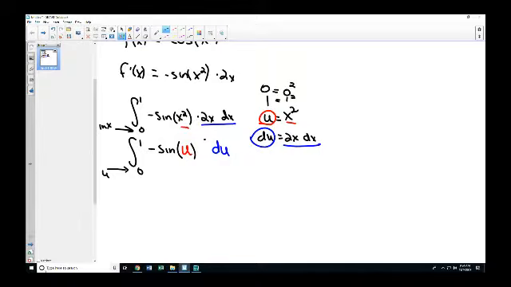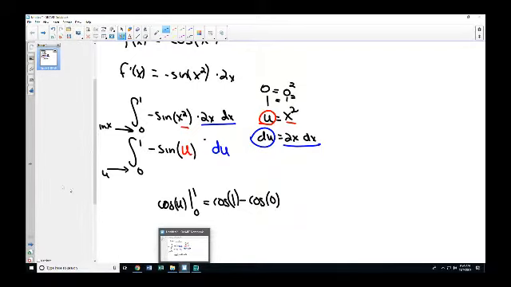So now you've got a very straightforward integration problem. What is the antiderivative of negative sine u? Cosine u, evaluated from 0 to 1. So that's a definite integral with u-sub.